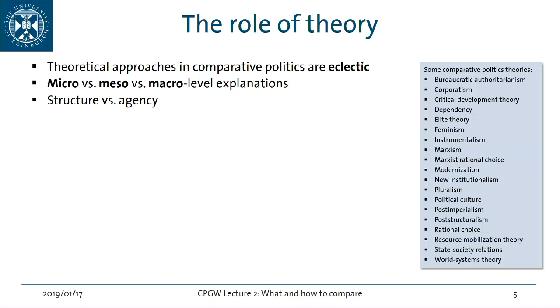There is an old discussion in the field, actually in other fields of political science too, about structure versus agency. How much of a role do these structures around us play? How maybe unchanging are they? How much are they guiding our behavior? And how much agency do we, individually, or maybe as collective actors, really have? How much can we determine? How much can we change over time? Or are we bound to these institutional structures more or less forever?